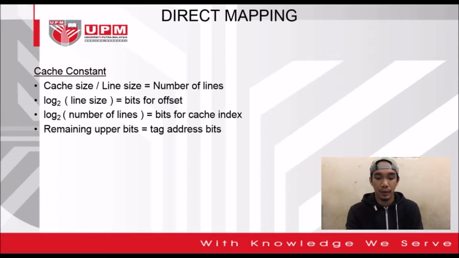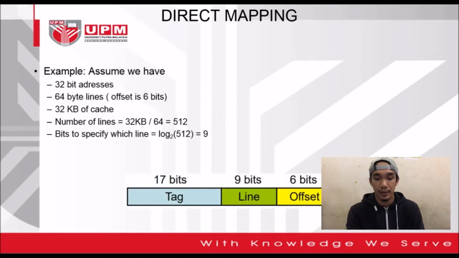So let's take a look at the example. Assume that we have 32-bit addresses with 64-byte lines. A 64-byte line equals an offset of 6 bits, because 2 to the power of 6 equals 64. Then the size of the cache is 32 kilobytes. To find the number of lines, we divide the cache size by the line size, so we get 512.